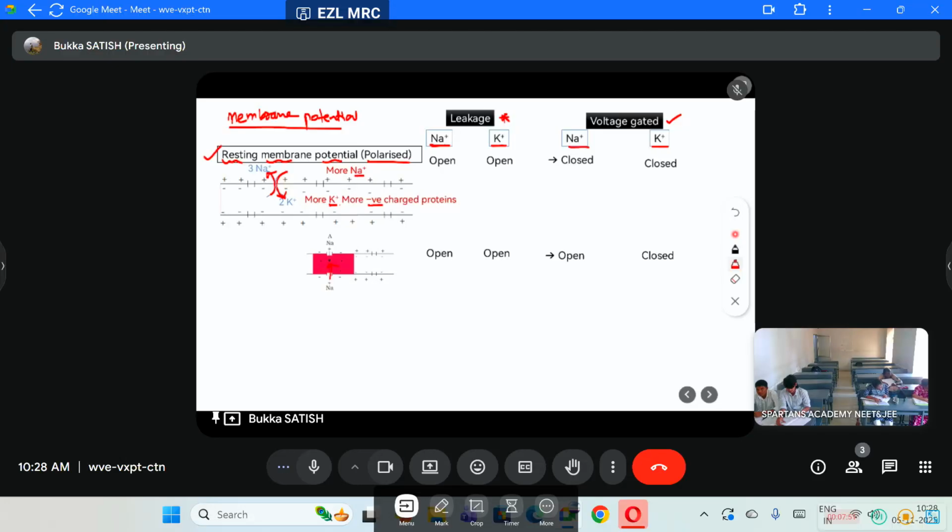Na plus will be entering inside now. With this, what happens is depolarization, which is what we call action potential or nerve impulse.